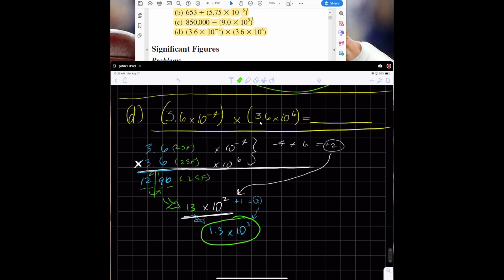It meets the format of n prime times 10 to the n exponent. The textbook solution says this is correct: 1.3 times 10 to the third power.